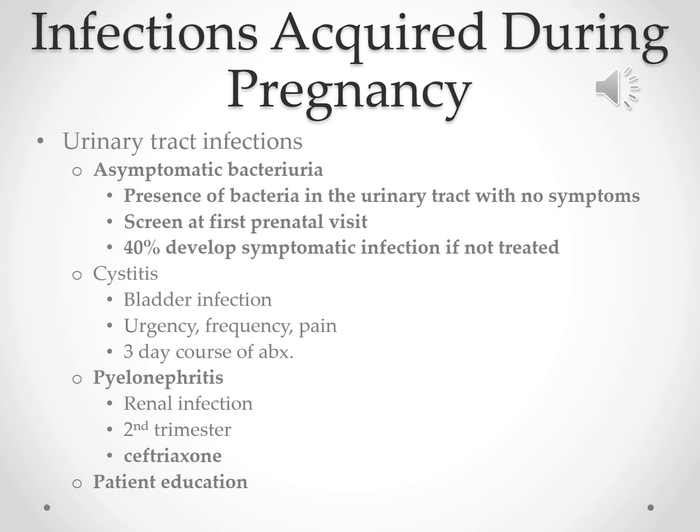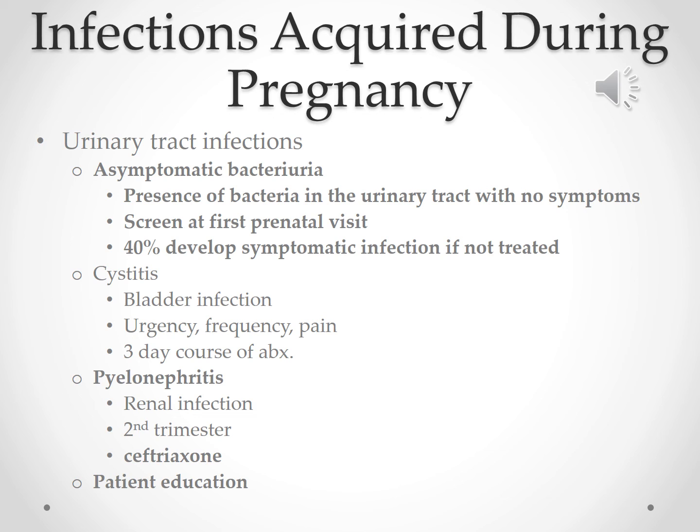You know the signs and symptoms of cystitis: urgency, frequency, may have pain with urination. Typically, if it is caught early, you're going to just do a 3-day course of antibiotics and have it taken care of. Cephalexin, Keflex is going to be pretty typical. You're not going to use your quinolones in pregnancy.